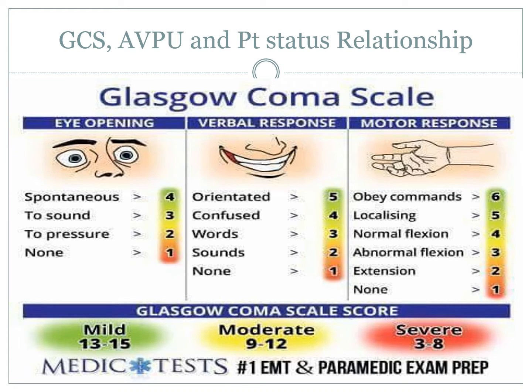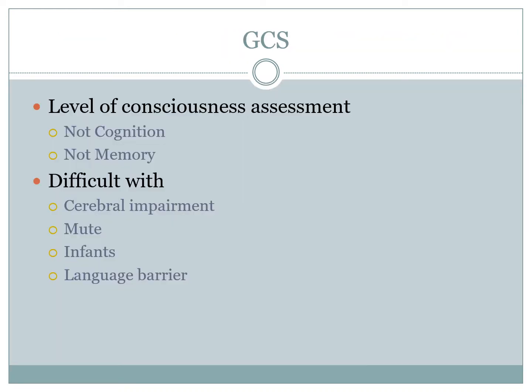So as a means of background on GCS, it's pretty old. It was invented in 1974 by a bunch of neuroscientists, and its main focus was to deal with brain injuries and a way to quantify the level of someone's brain injury against others, and also their decline or their improvement of that particular brain injury.